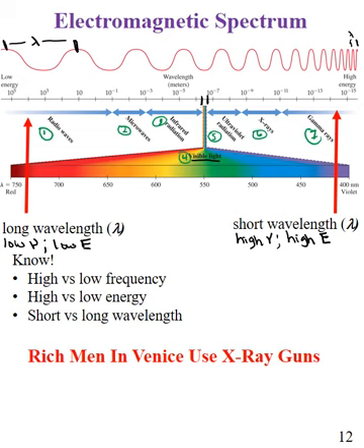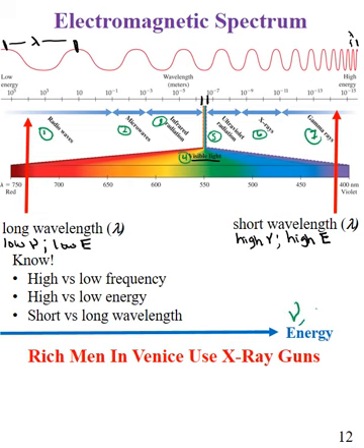Okay, now as we're going from left to right, we are going to be increasing in energy. So on the right side, we have high energy, which would also denote high frequency and short wavelength. All right, again, you need to know this in comparison to each other.